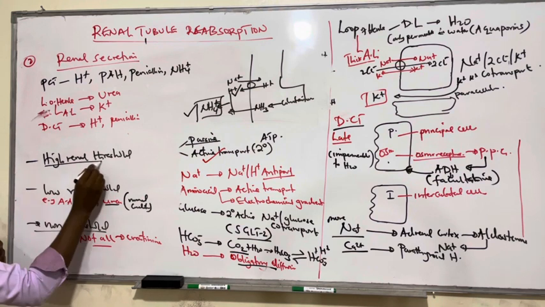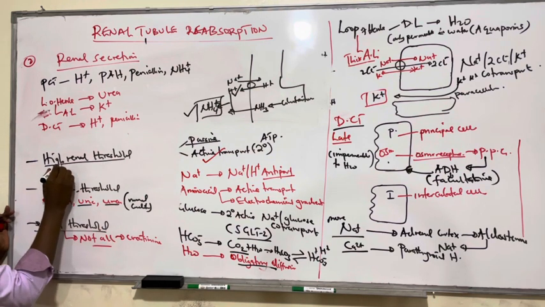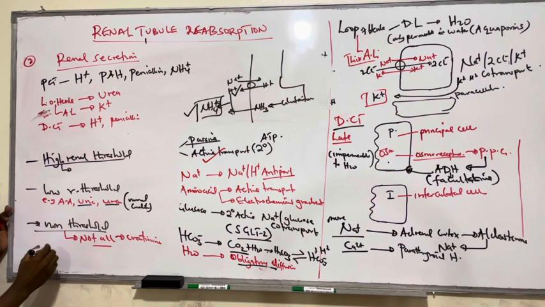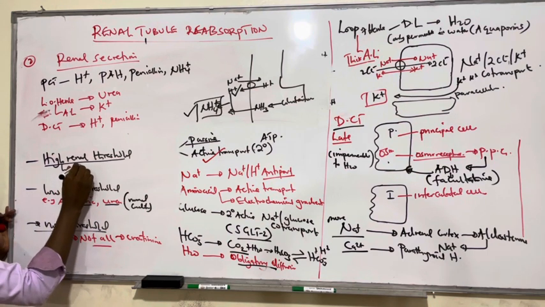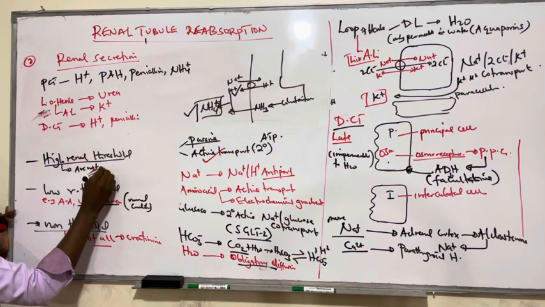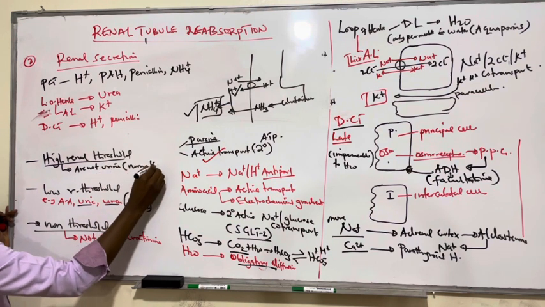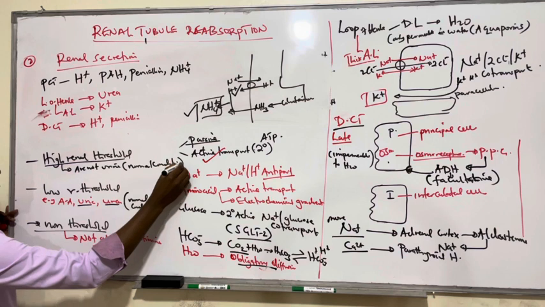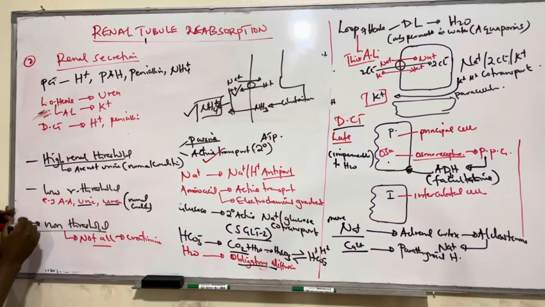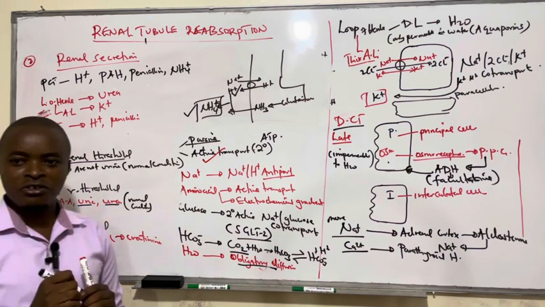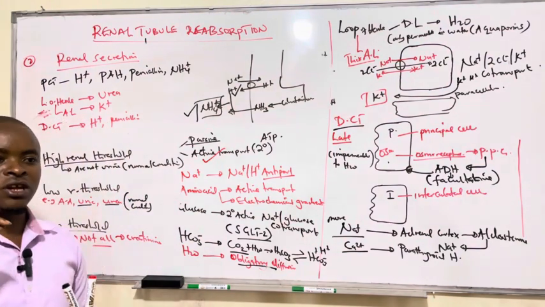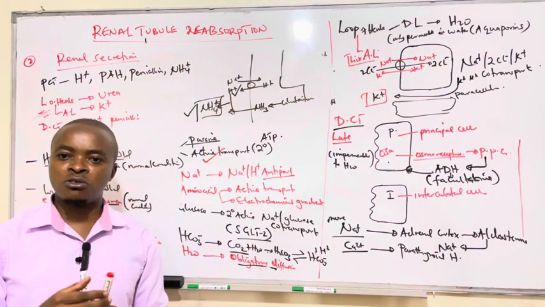Then high renal threshold substances are the ones that are not found in urine under normal conditions. Under normal circumstances, these substances are not supposed to be found in urine. They are only found in urine when they exceed the renal threshold.